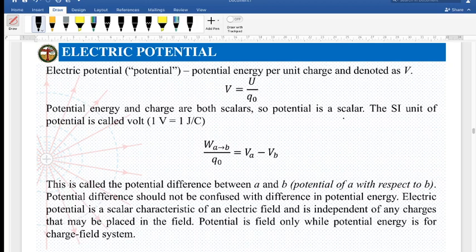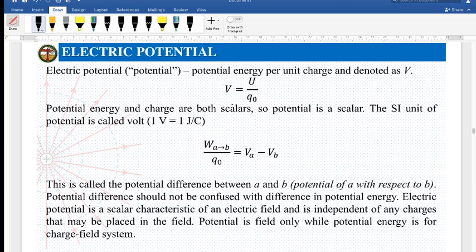So this time we will tackle another property of your electrical charge system, which is called the electric potential. By definition, electric potential, or simply potential, is the potential energy per unit charge and is denoted as the letter V. So the capital letter V is called the potential or the electric potential.